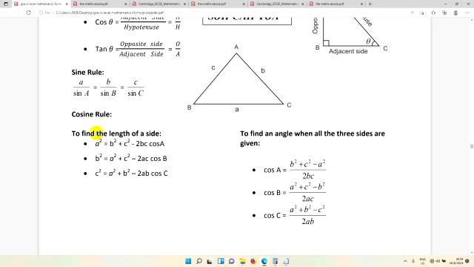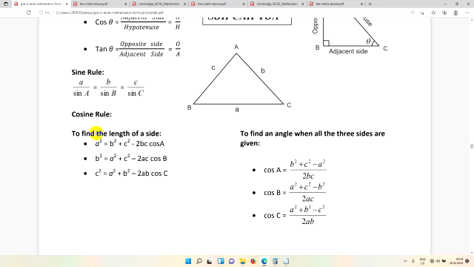We use cos A is equal to b squared plus c squared minus a squared all over 2bc. Or we have cos B, which is equal to a squared plus c squared minus b squared all over 2ac. Or cos C is equal to a squared plus b squared minus c squared all over 2ab.